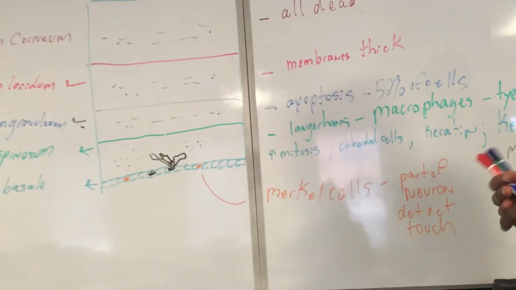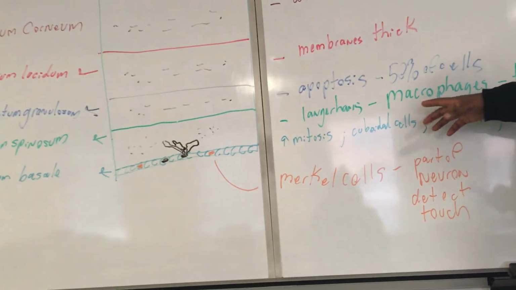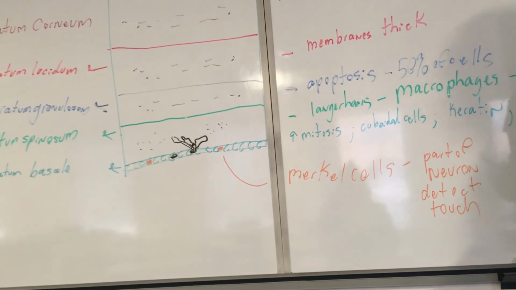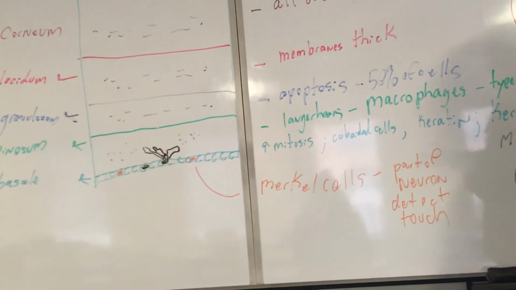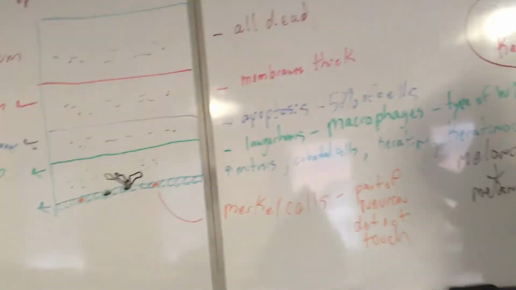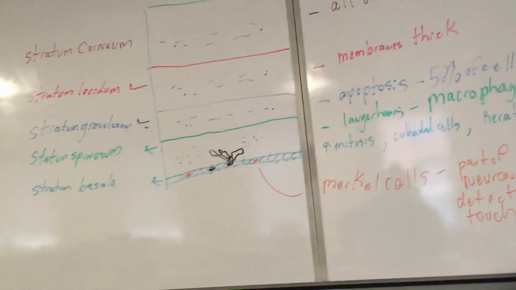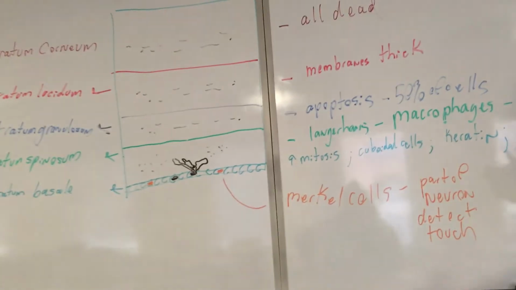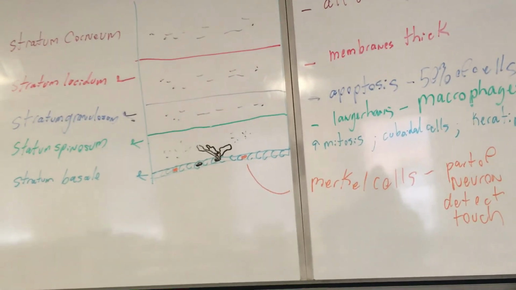So you also have protection from germs. This is the skin's ability to protect you from germs. I'm adding functions based on what we see in the skin. Whatever is a part of skin gives skin that function.